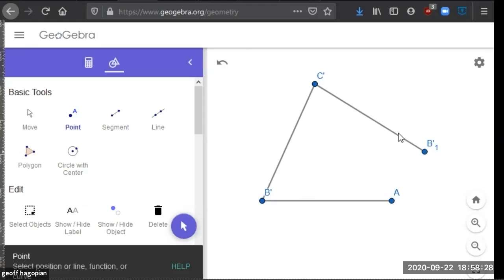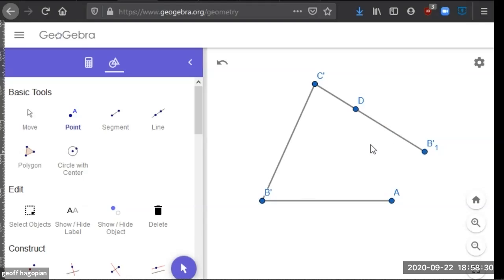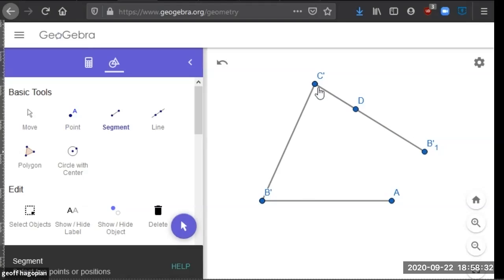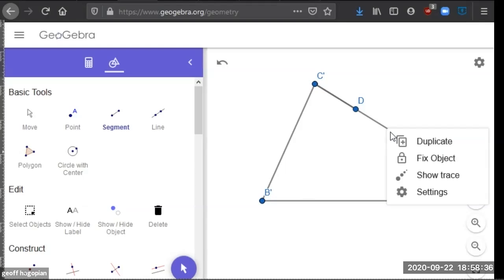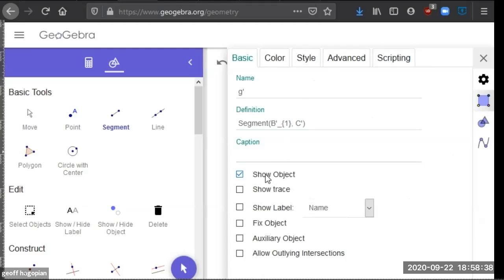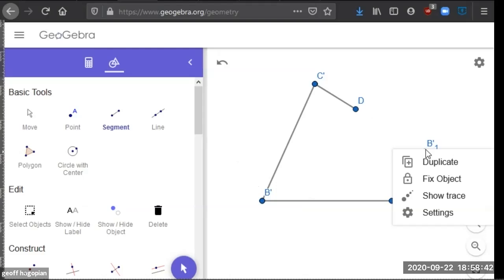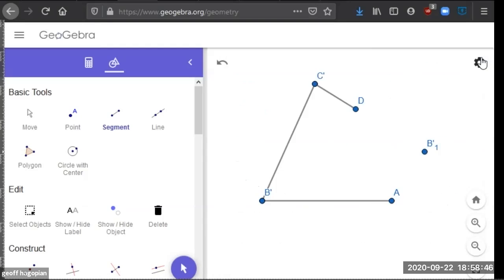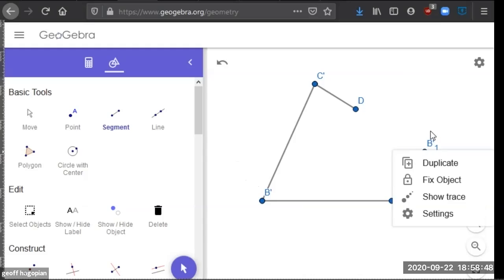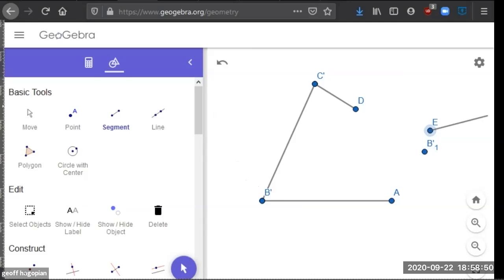So now I'm going to pick another point on here and say, give me this segment from there to there. And then this segment I want to not show. In fact, I don't want to show this either. Oh, I've got this tool, right?